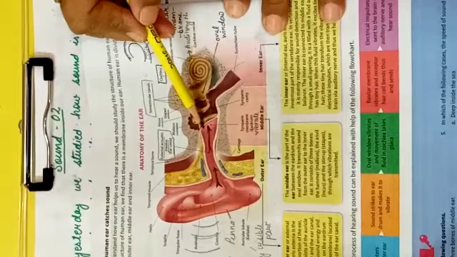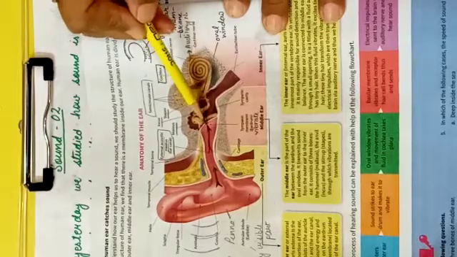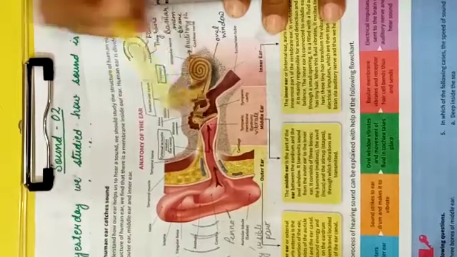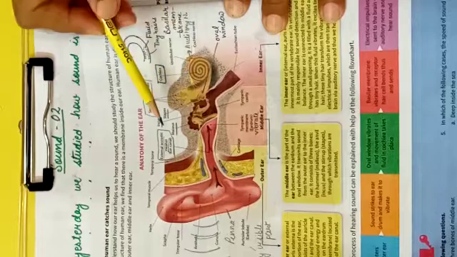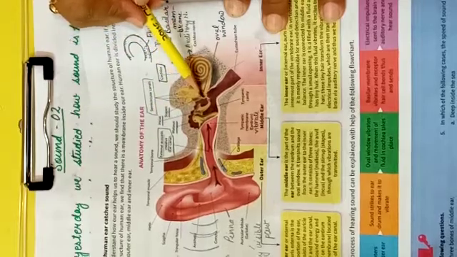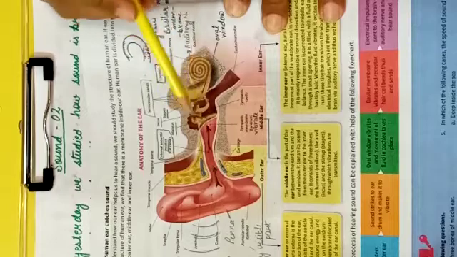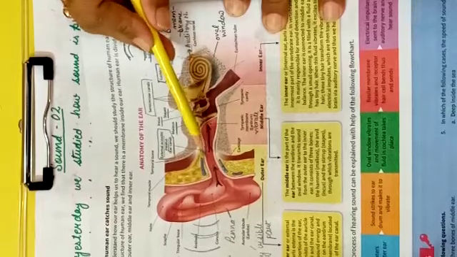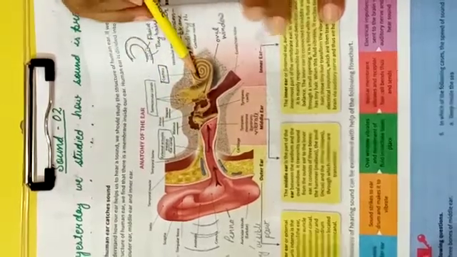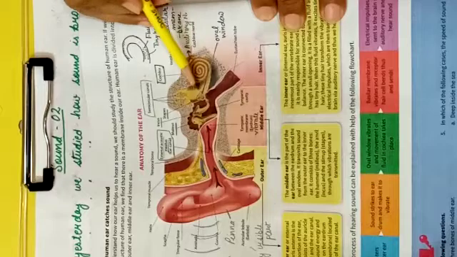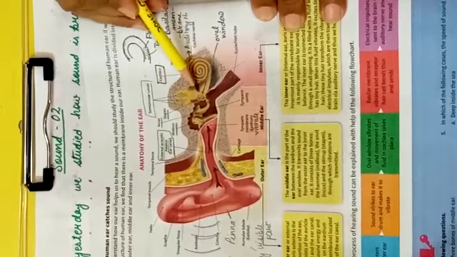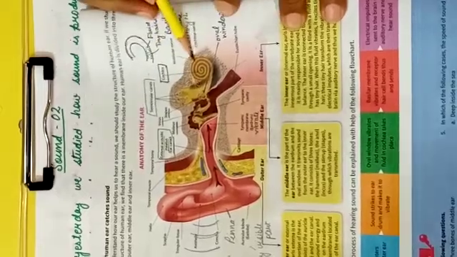And when these vibrations reach the eardrum, it starts to vibrate. These vibrations are transferred to these three small bones. Then the middle ear transmits these vibrations from the outer ear to the inner ear, through the oval window, to the internal ear.